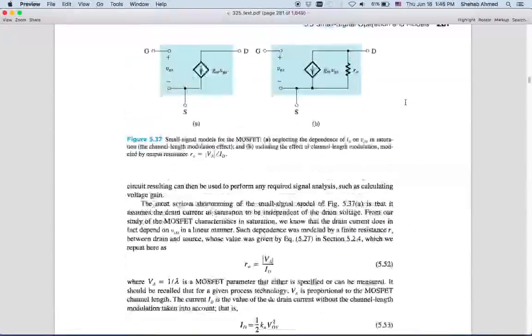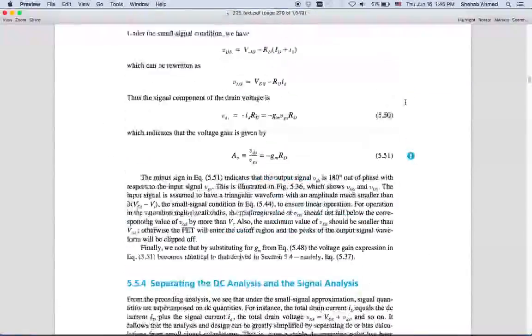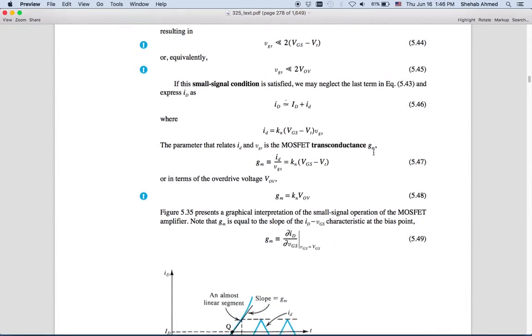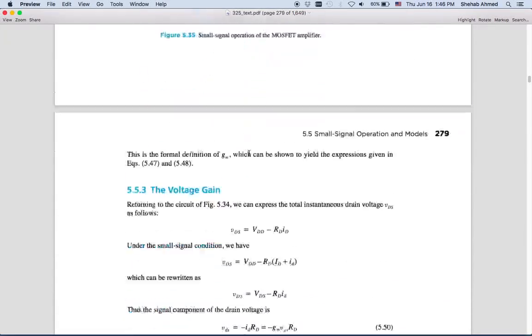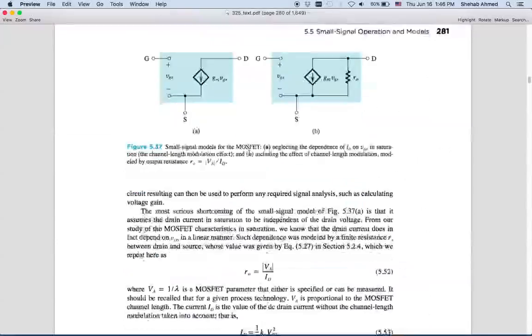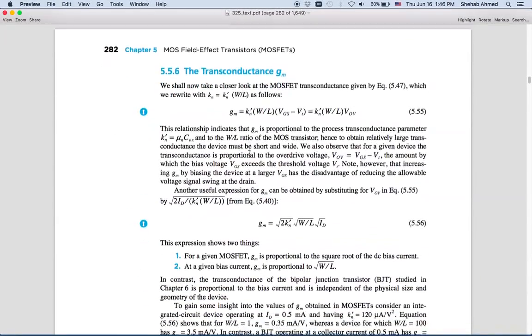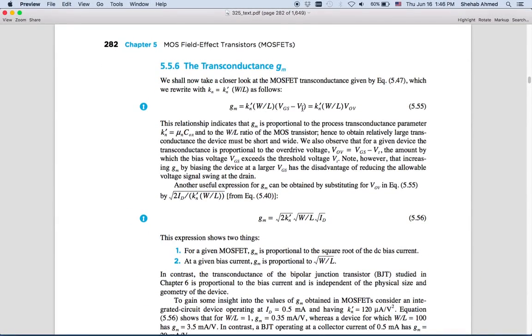So let's go back to equation 5.47. The 5.47 says that GM is equal to Kn times VGS minus VT. Kn is the transconductance parameter. We can expand that into Kn prime, times W over L multiplied by this. That's equal to GM. So that's what they did here in this section. So Kn prime W over L times VGS minus VT.